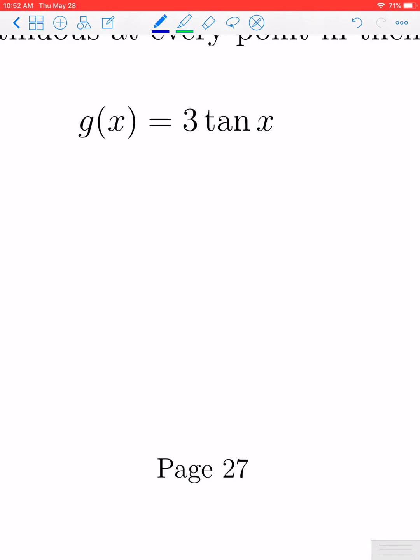If we take a look at g of x, wherever the tangent is defined, it will be continuous. Multiplying it by 3 will still keep it continuous. So g of x is going to be continuous wherever the tangent of x function would be continuous. Okay. If you're thinking of the unit circle, tangent we know is what? Sine over cosine.